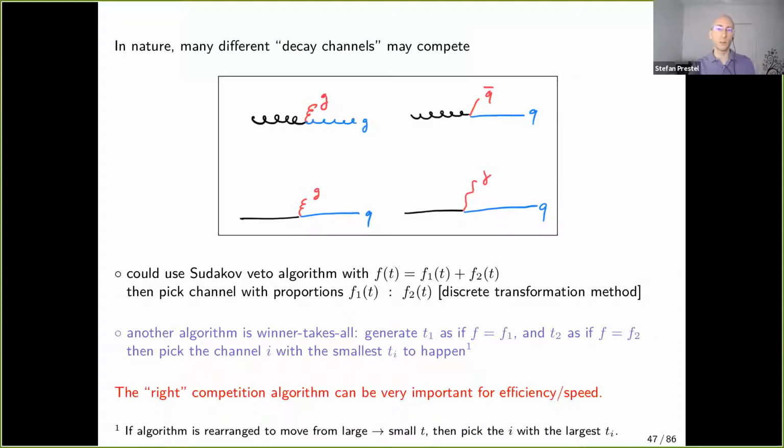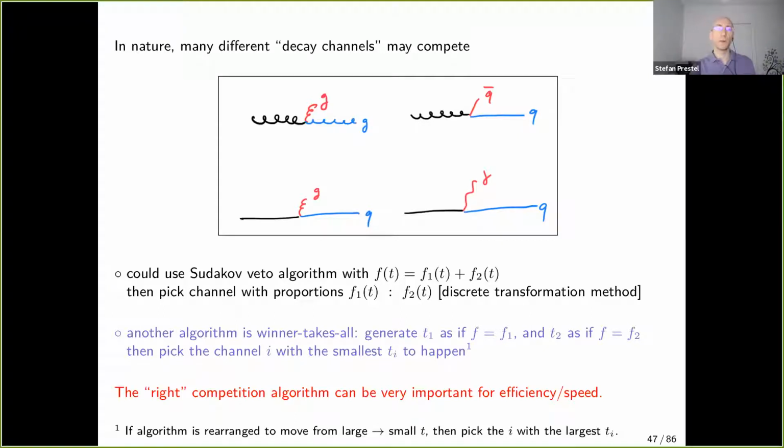Typically, you would use something like a winner-takes-all algorithm. However, there are tons of ways of actually doing this competition, kind of reordering how, if you pick a channel first, or if you pick a scale first. That can be very important for the actual speed and efficiency of the method.